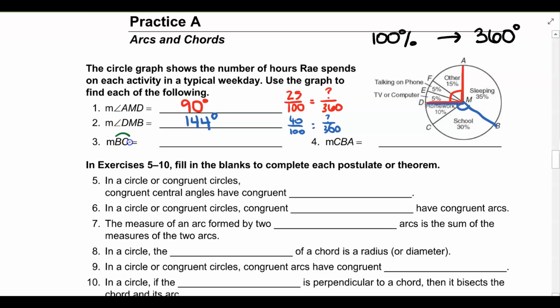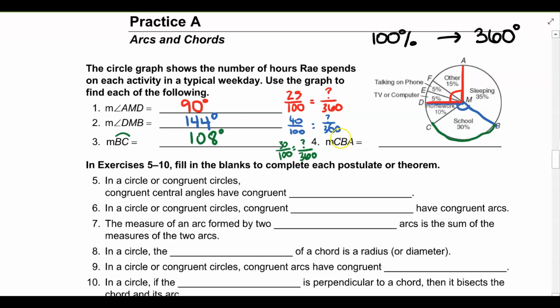Next, measure of arc BC. So if BC makes up 30% of the pie, go to the proportion. So 30 out of 100% is equal to how many degrees out of 360? That gives us 108 degrees.